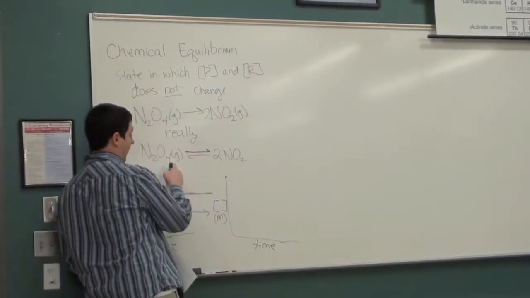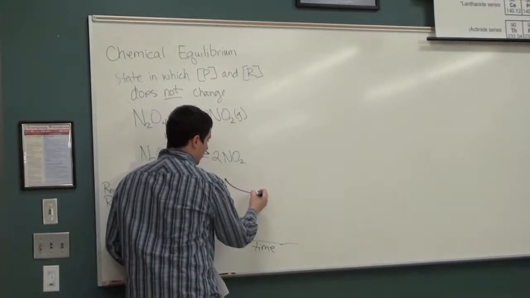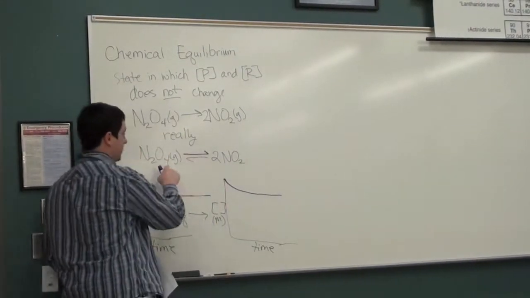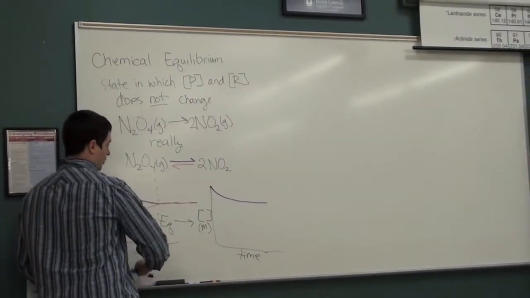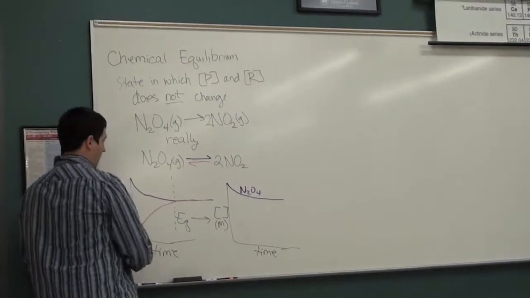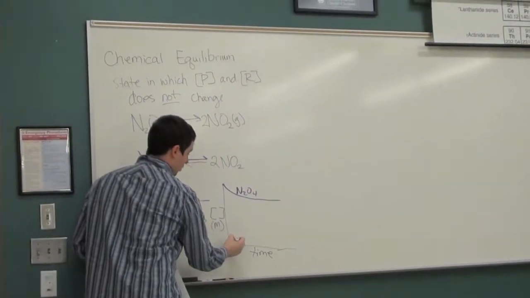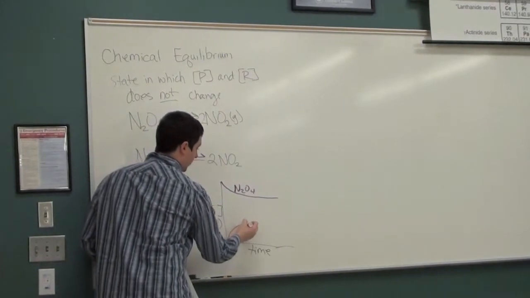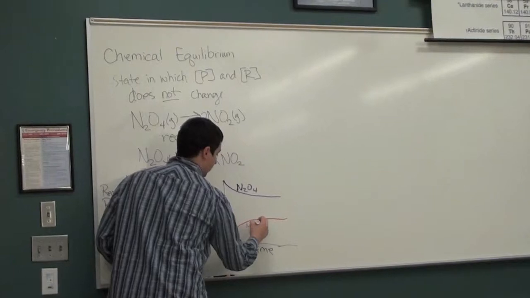For the reactant N2O4, we're going to see the concentration slowly decrease as N2O4 decomposes to NO2. But for the product, NO2, we're going to see it start at 0 and slowly increase until it reaches a constant value.